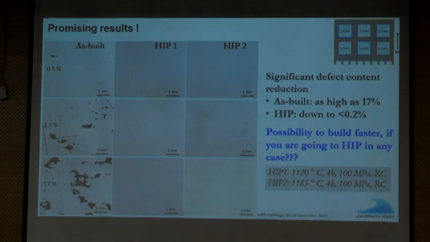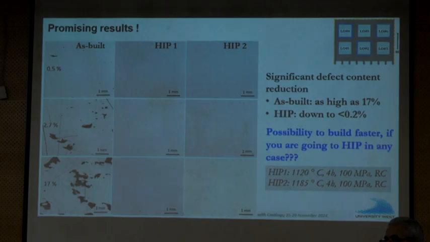This is a little bit tricky, but you must understand. We could do it in this case because we are targeting applications which absolutely make HIPping mandatory. Not all applications require that. So, this is only for cases where you already know that you are going to HIP, because the application cannot allow you to put that part in application without HIPping. And because we know that we are going to HIP eventually, then you can think of a strategy like this.